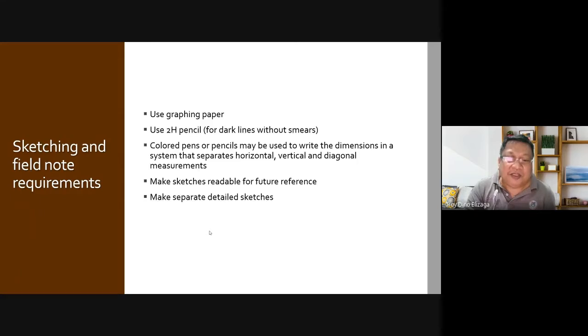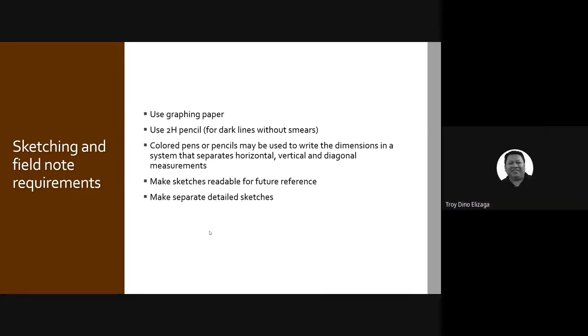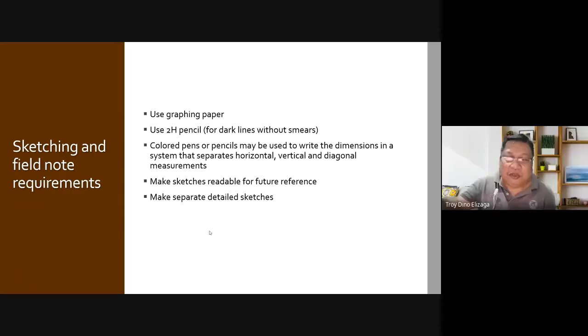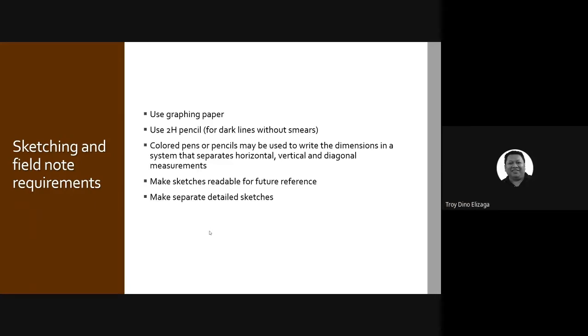In the training that I mentioned, the Japanese instructors were telling us that when we have to make detailed sketches, we can make them along the borders of our drawing. Then we try to fill up the paper as much as possible, and they encourage us not to use so many papers, because if you have so many papers, the tendency is that we might lose them.